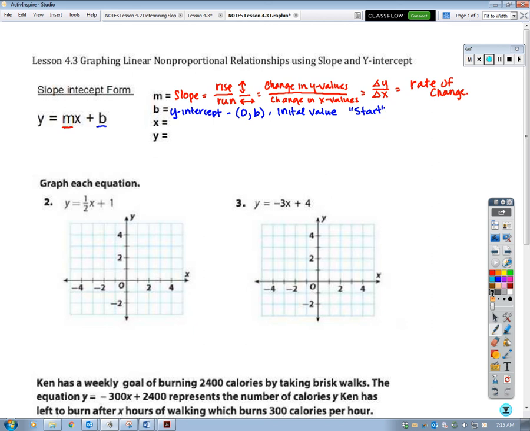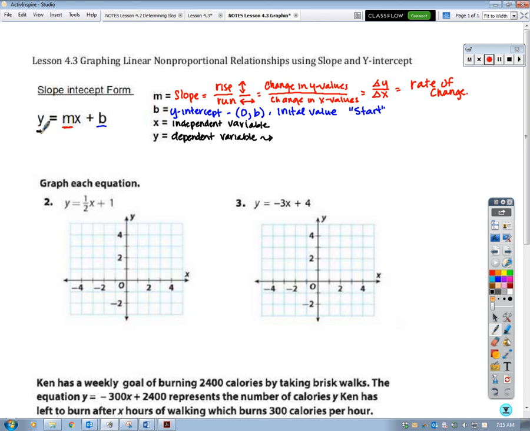X represents our independent variable. So any variable that does not depend on the other variable for its outcome, which means that y is our dependent variable. And it means that it relies on the amount of x, right?